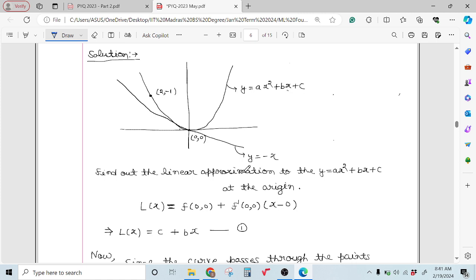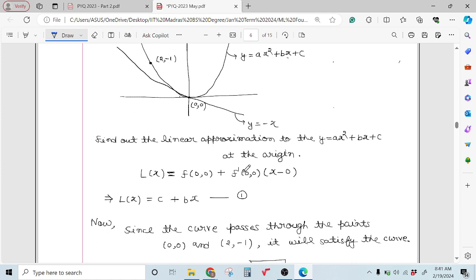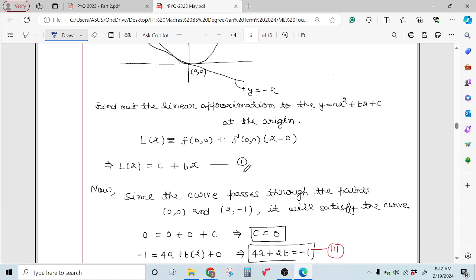To calculate the linear approximation at the origin, we will use this formula: linear approximation of x is the value of the function, plus f dash at a times x minus a. We will use this formula, and the linear approximation is equal to c plus bx, because at 0 comma 0 the function value is c.